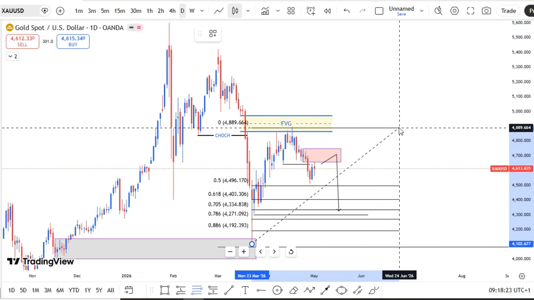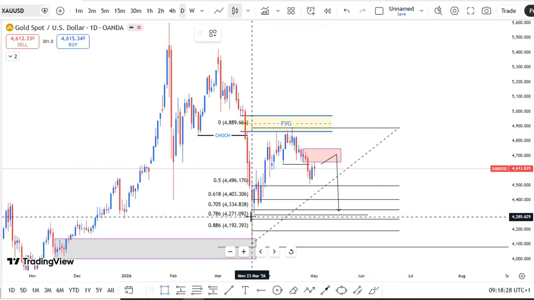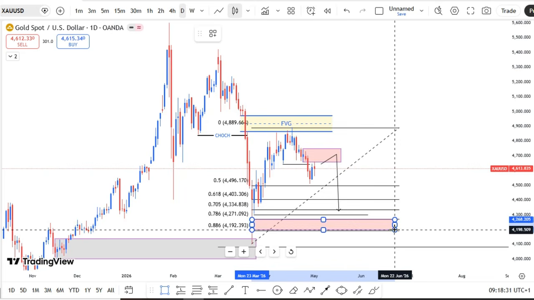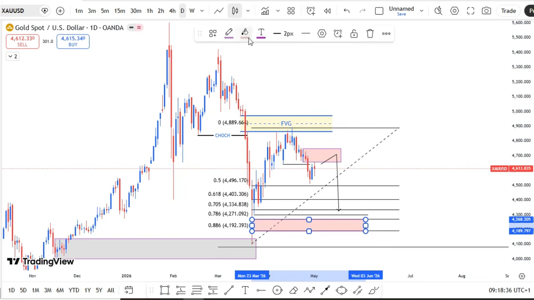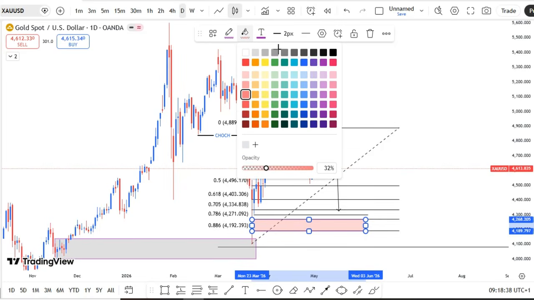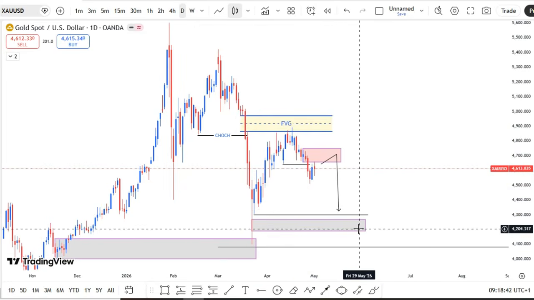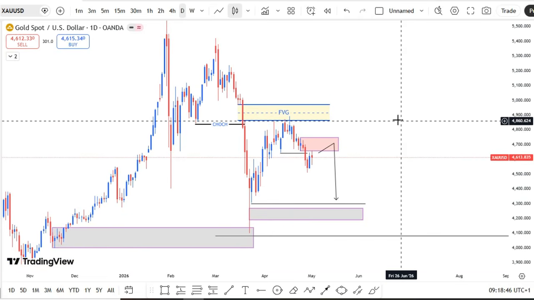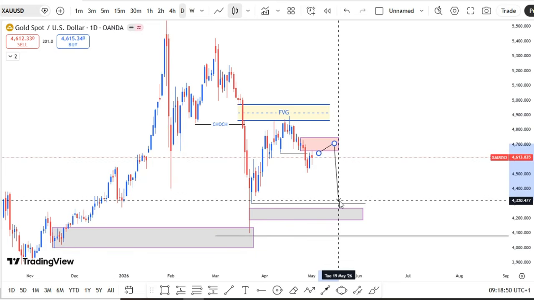And looking at the discount level, price can fill more than half of this rejection week before having a pullback and then continuation again to the downside. So that would be the possible move for this coming week.